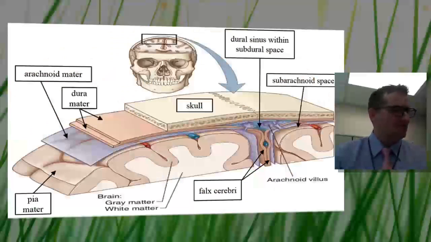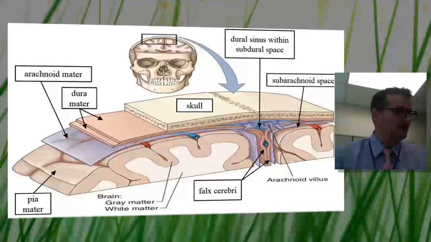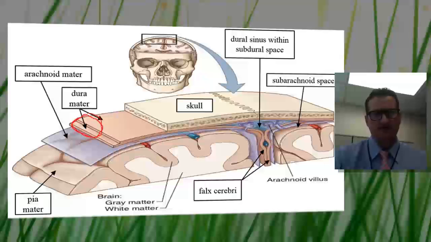The bones of the skull help protect the brain from trauma. So inside of the skull, just like in the spinal cord that we talked about, there's 3 layers. Again, it's the same thing. You have the dura mater, which is here, and this layer is split in the brain right in the middle.